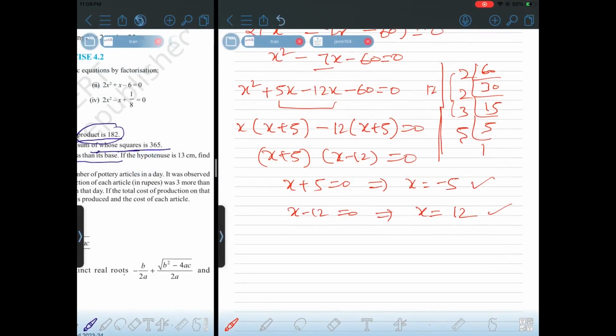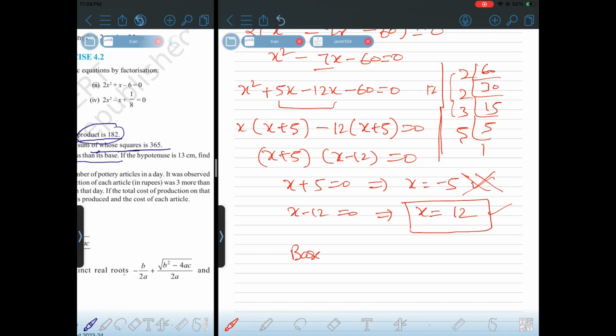But we know this is the length of a triangle side, so it cannot be negative, because length is always positive, or at most it can be 0. So we can discard this number. Minus 5 cannot be the answer. So our answer will be x equal to 12. That is our base.